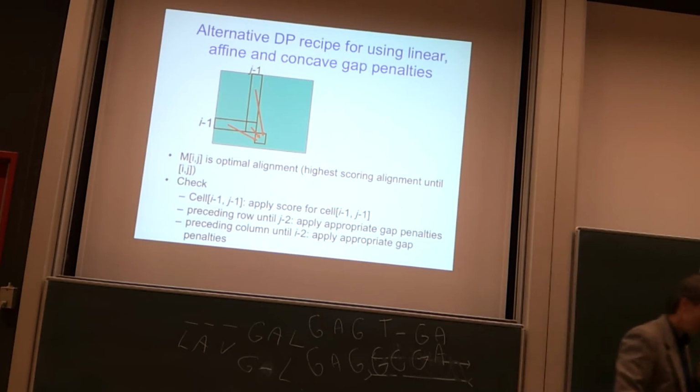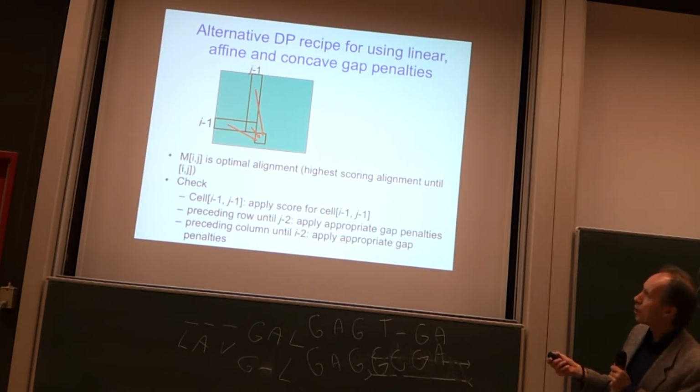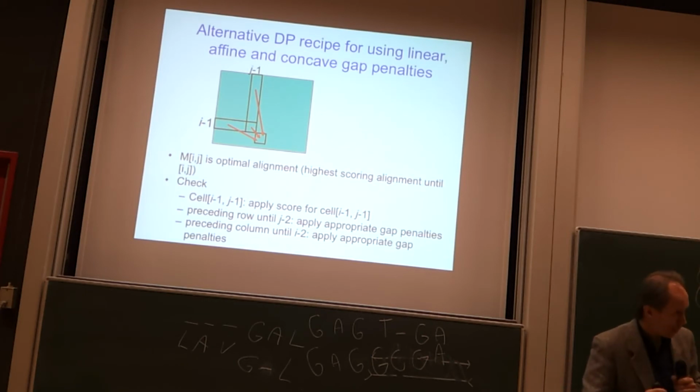Now that has an advantage because with this algorithm you can basically use all possible penalty regimes, affine, concave, do something more crazy, a combination of the two, something completely different, whatever functionality you would like to make there, you can use because you know exactly the number.